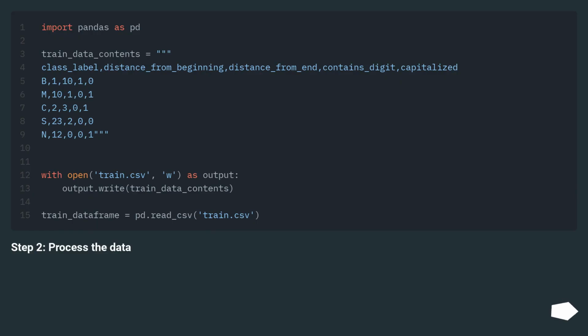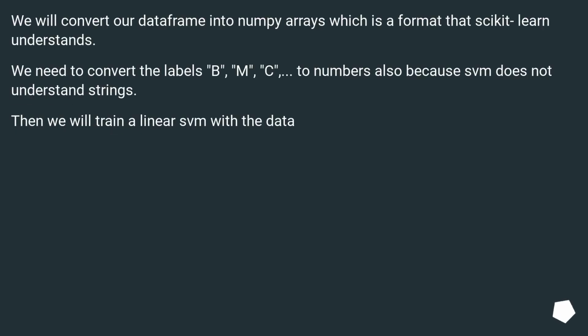Step 2. Process the data. We will convert our data frame into NumPy arrays, which is a format that scikit-learn understands. We need to convert the labels B, M, C to numbers also because SVM does not understand strings.